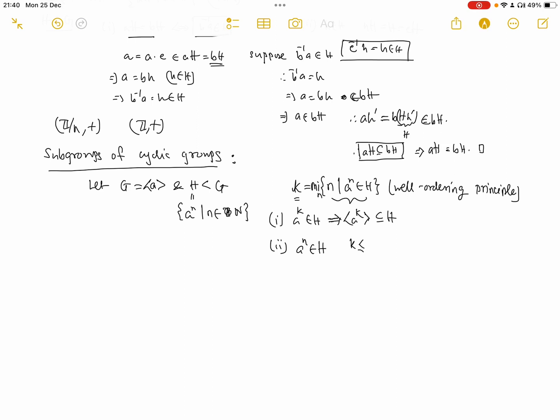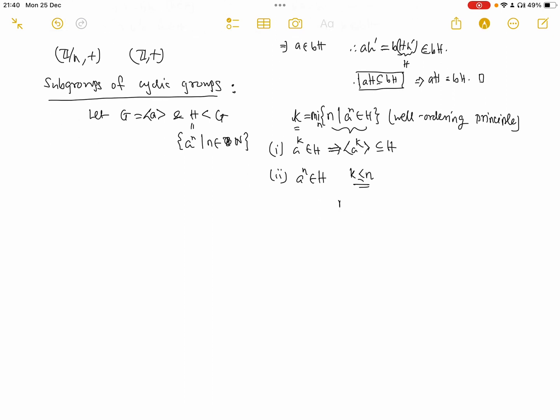Now by definition K cannot be more than n because K is the smallest. So you can apply the division algorithm and you get n equals qK plus r, with r at least 0 and at most K minus 1, that is, r less than K.